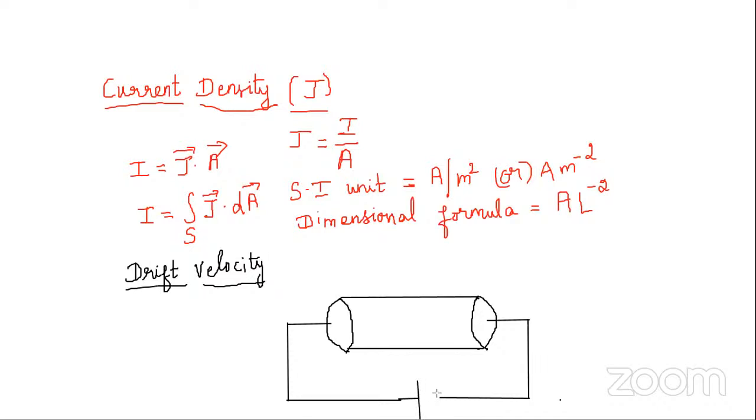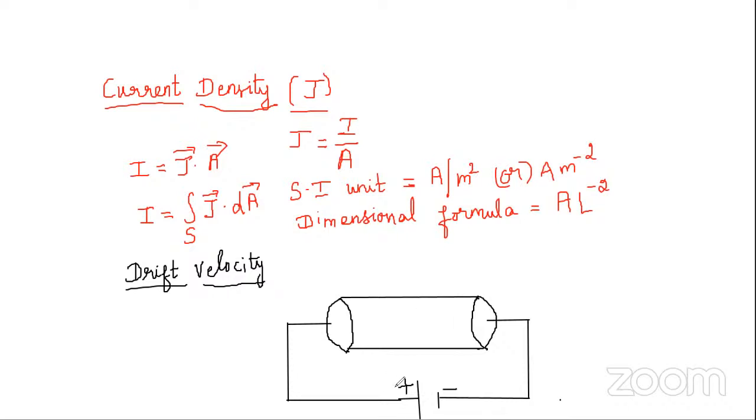This is the positive potential. This is the negative potential. So I have the positive potential like this and negative potential like this. So I am applying a potential difference to this cylindrical shaped conductor.